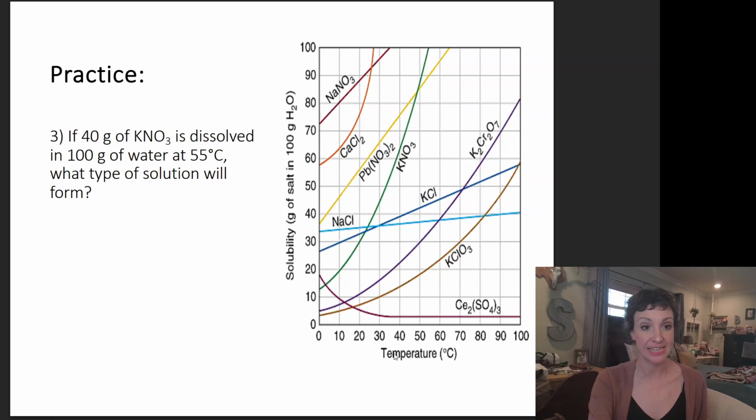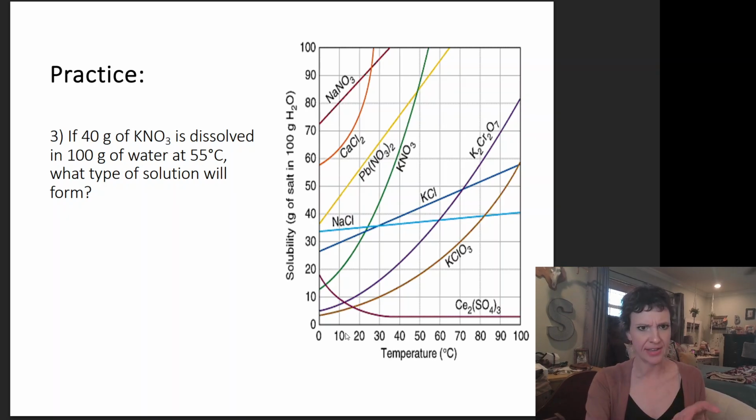All right, next one. It says if 40 grams of potassium nitrate is dissolved in 100 grams of water at 55 degrees Celsius, what type of solution will form? You're like, oh my gosh. Well, we know the 100 grams of water is not relevant because that's what this graph reads. They gave me a technical amount of solute, 40 grams, and the technical temperature of 55 degrees Celsius.